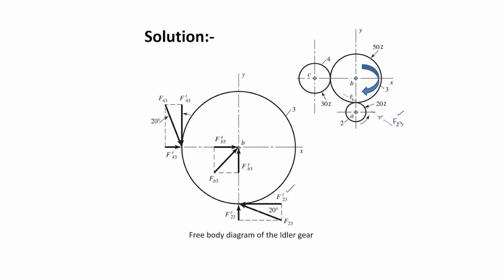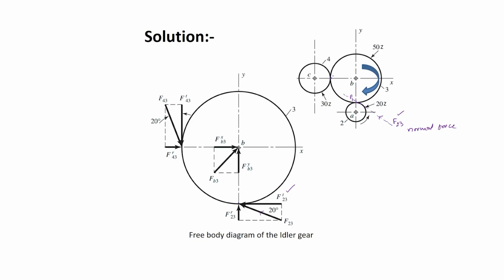And this force has a component along the radial direction towards the center of rotation of the idler, and that is the radial component. So, the normal force which is acting at this pitch point on the idler will have two components. One will be the tangential component, which is F23 tangential, and another will be the radial component, F23 radial.